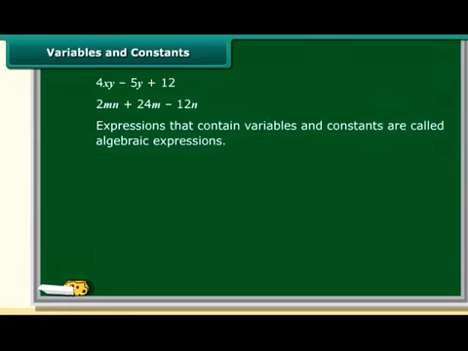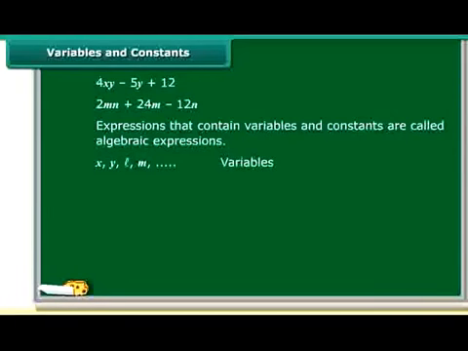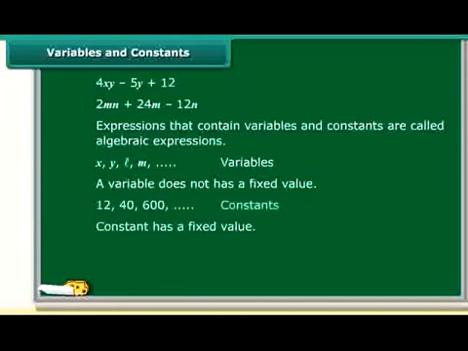Expressions that contain variables and constants are called algebraic expressions. The letters such as x, y, l, m, and so on are used to denote variables. So a variable can take various values and its value is not fixed. On the other hand, a value that does not change is a constant.